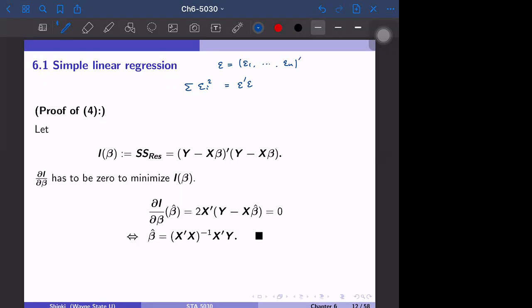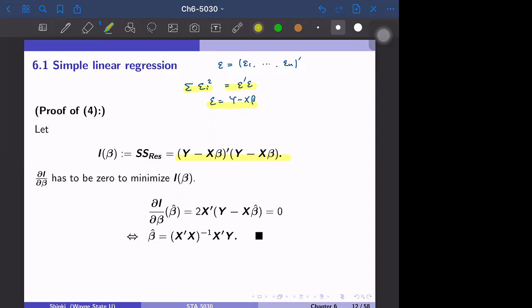Our form is y equal to x beta plus epsilon, so epsilon is y minus x beta. So with matrices, we don't really need the summation symbol, and it is just y minus x beta transposed times y minus x beta. Then we want to minimize this quantity.